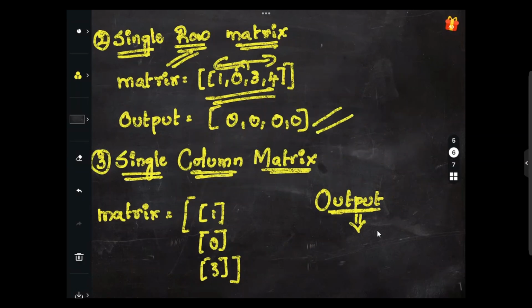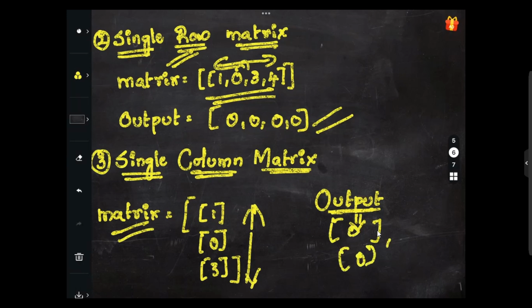This is for the single row matrix, and the third edge case here is the single column matrix. In this case, we have 1 0 3. So this entire column has to be 0 in this case. So it will be, sorry, just give me a second here. Let me consider here 0, 0, 0, right?